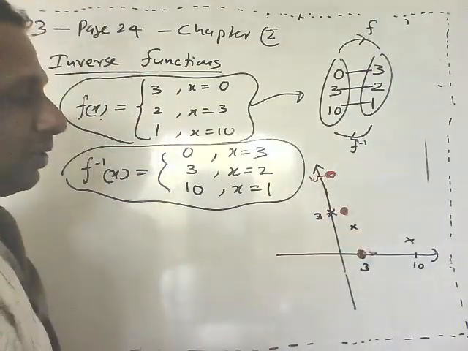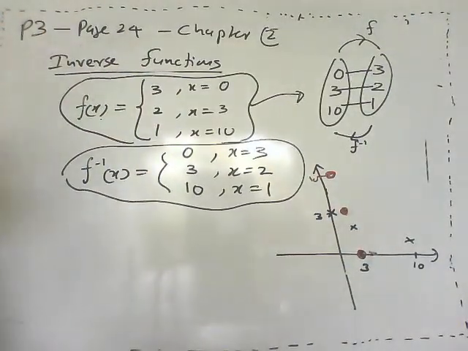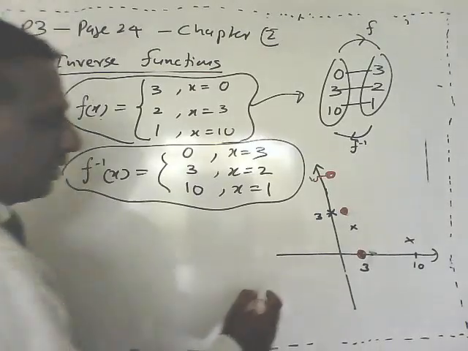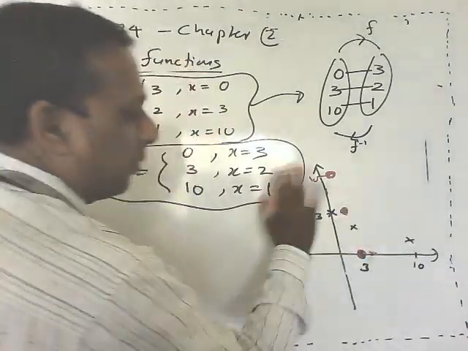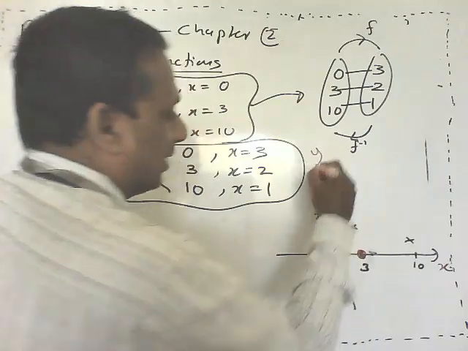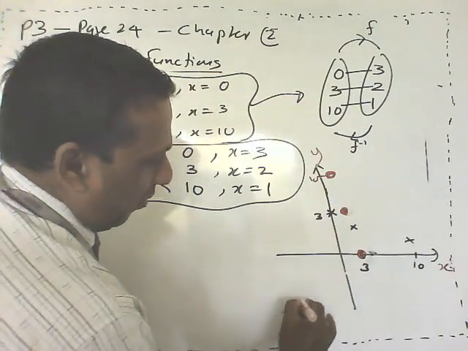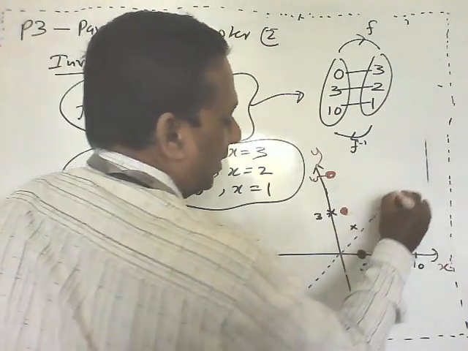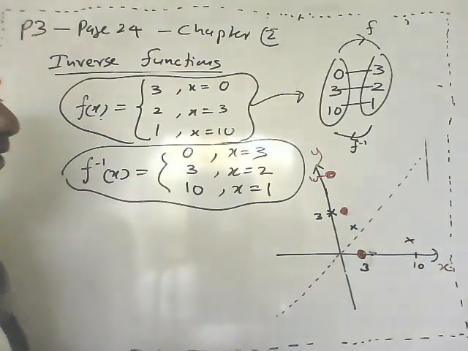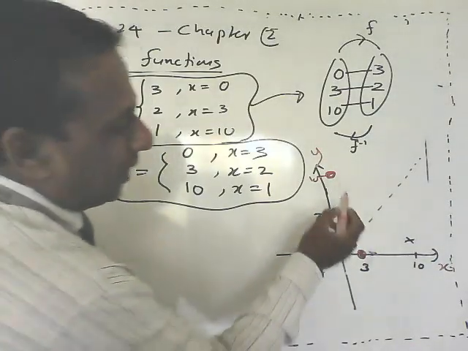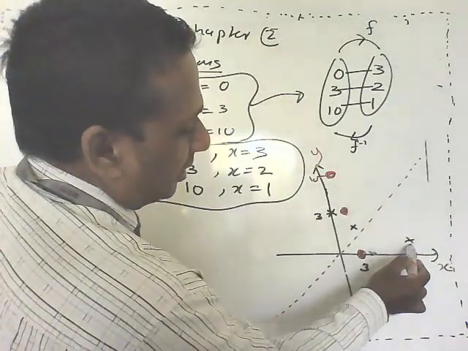So what you should see is that we are actually swapping the x and y. It should form a reflection, although my drawing is not good.